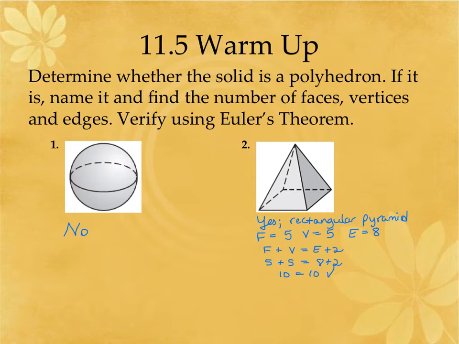Okay, so for the first one in 11.5, we learned about what a polyhedron was. So remember, a polyhedron cannot have any curved edges. So number one is not a polyhedron. Number two is, and it's a rectangular pyramid.